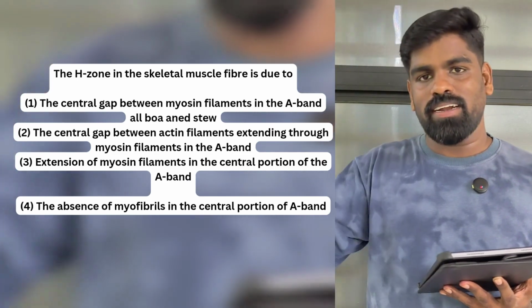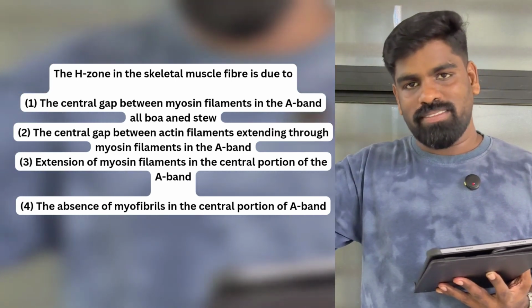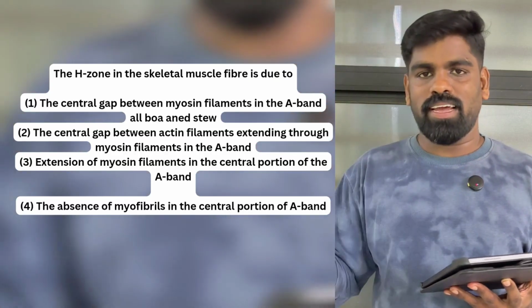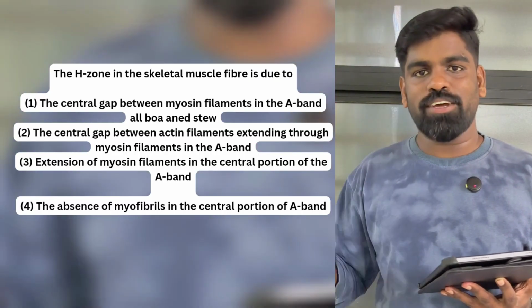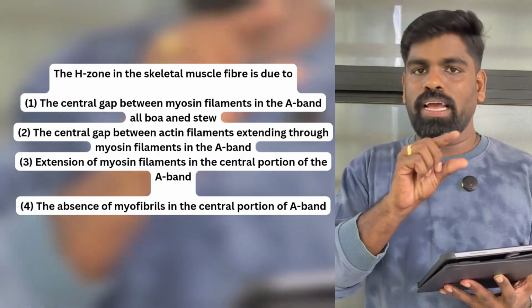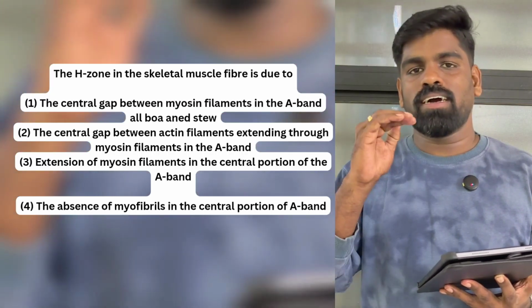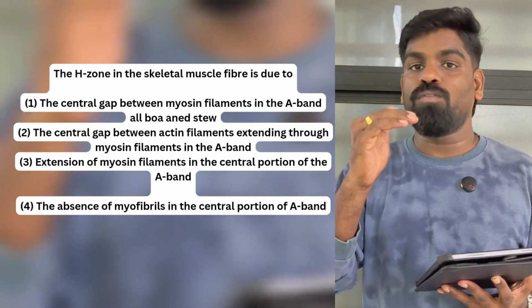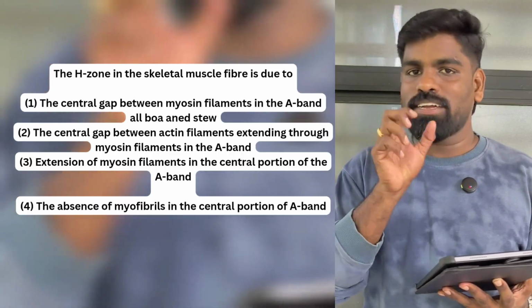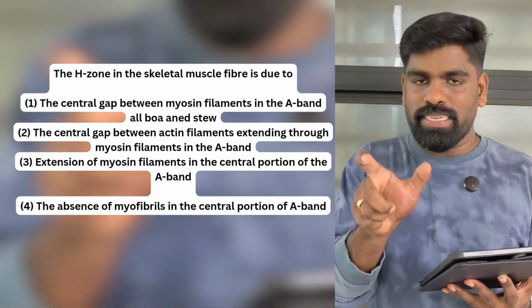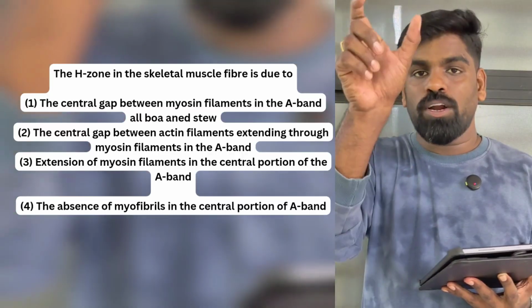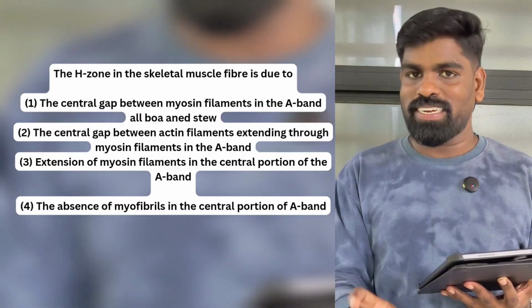We already studied that there are two Z lines, and the Z line is in the center of the I band. The actin and myosin overlap, and that region is called the A band. In the center of the A band, where only the myosin region is present, that is the H zone.